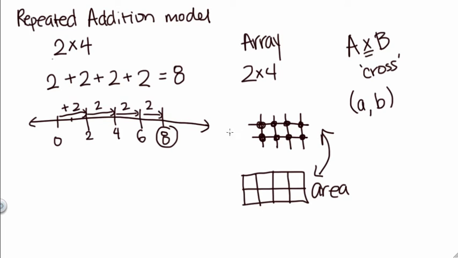So for instance, if we look at the restaurant example, let's say we have 2 choices of appetizers and we have 4 choices for main courses, or meals, right? If we look at the cross between appetizers and the main course, then we get a total of 8 different options.